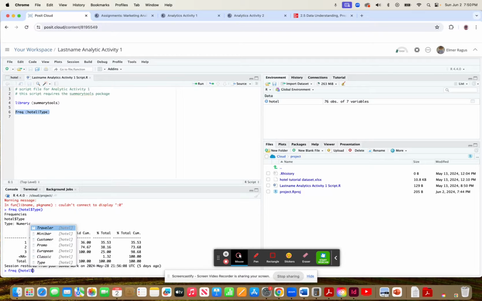I'm at the bottom left of my screen and we'll type in this code: frequency hotel dollar promo. This would be a good time for me to mention again that we are all about using software to help us with statistical analysis. We need to learn a few statistical concepts, but when it comes time to start running stuff, we're not going to be too interested in the math.